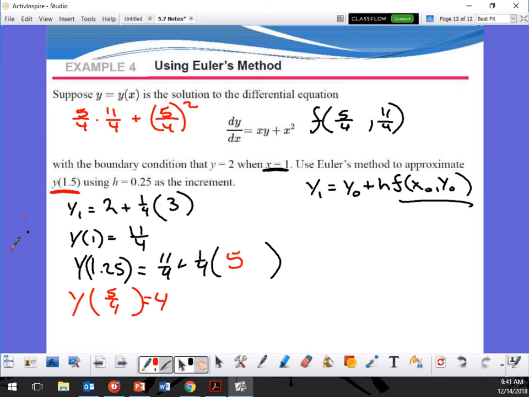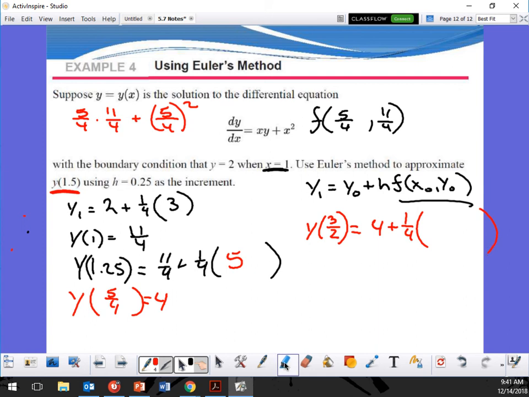So now y of 3 over 2 is equal to my 4 plus 1 over 4 times my function.